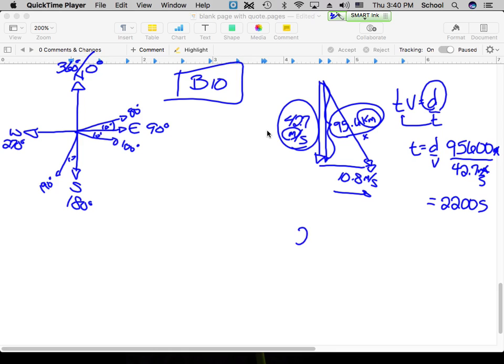So 2,200 seconds, the wind was blowing 10.8 meters per second, which means I traveled 24 kilometers, basically 24,000 meters. So that was 24 kilometers we got shoved to the east.